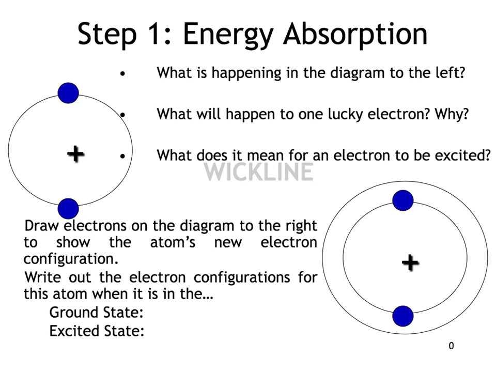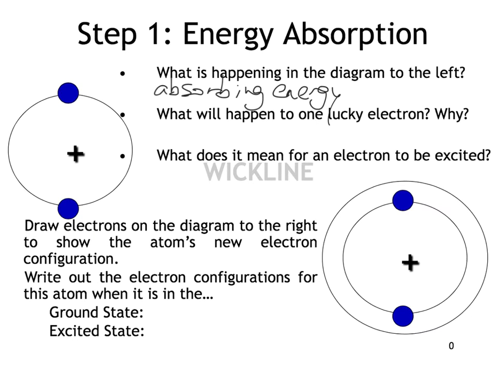Alright, so step 1 is the energy absorption step, and you can put this in your Cornell notes. So in the diagram to the left, it's not animated here, but I can show it to you in class tomorrow. What's going to be happening is that the atom is absorbing energy from an outside source.